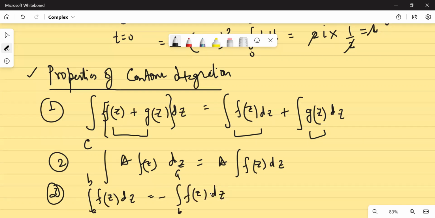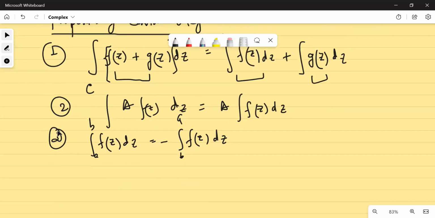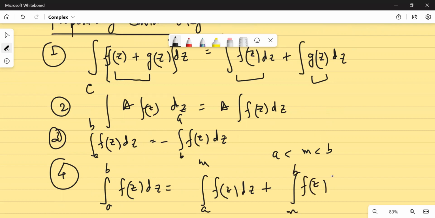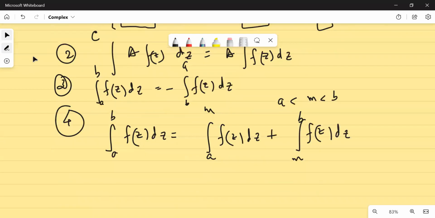And if there is an intermediate point m lying between a and b, then I can write the integral from a to b of f(z) dz equal to the integral from a to m of f(z) dz plus the integral from m to b of f(z) dz. So all these properties would remain the same. I'm not going to get into the derivation part, but just understand all these properties.